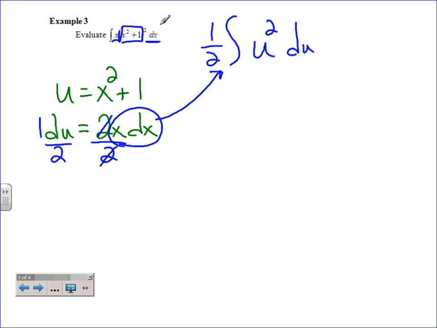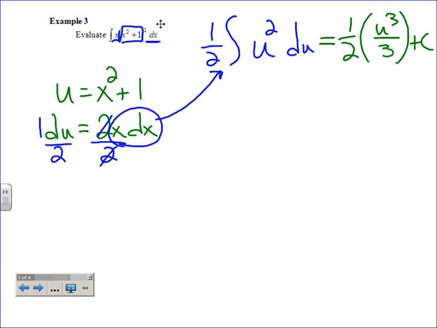So when you actually do it, what I normally do is I say, okay, 1/2, and then I just put a parenthesis and say, let's take the antiderivative now. Well, we've already done that one today. It's u to the 3rd over 3 plus a constant. Then there's always the question, should the 1/2 be distributed to the constant? Remember, constants are just constants. Just leave it a c. Don't all of a sudden have 2c and half c.